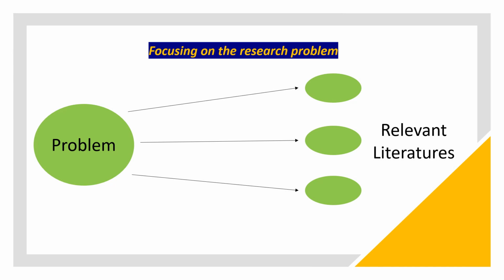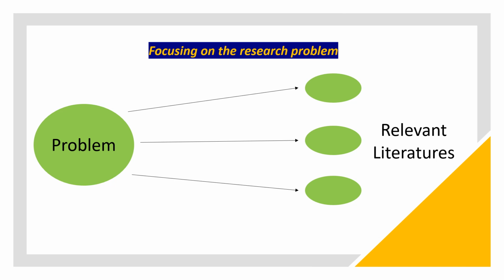So what are the different studies from different disciplines that have been conducted about climate change? So from the health sector, from the energy sector, from the education sector, and then based on these different disciplines, you create now your opportunities for research. So that's how you can also create a research gap, by focusing on the research problem as you do your literature review.